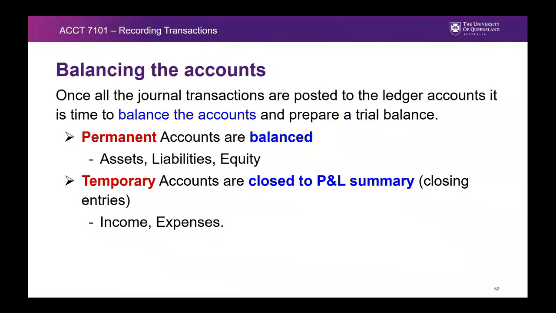So we have two sort of processes. For our ledger accounts, we have what's called permanent accounts and we have temporary accounts. Our permanent accounts are our asset, liability and equity accounts. They generally always have a balance.